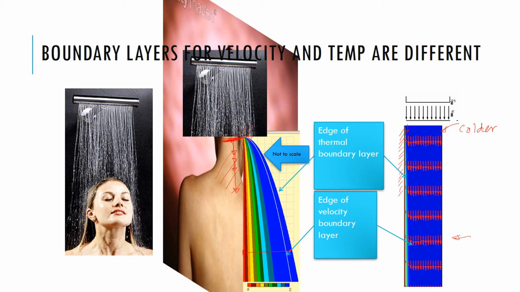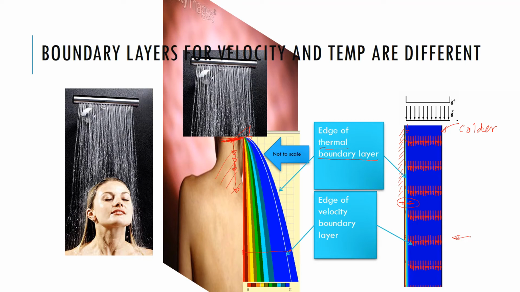This other one is expanded for better view. So it goes from the hot surface of the bag to the colder fluid over a thin region, and that region is called the thermal boundary layer.